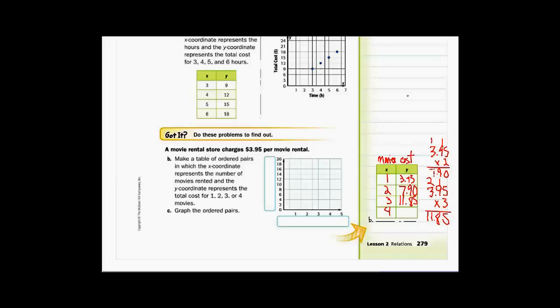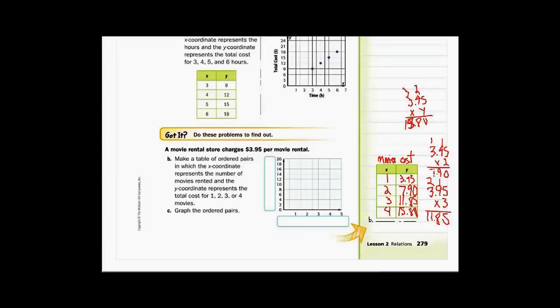And lastly 4, $3.95 times 4. No, it can't be $14.80, that's 12. Carry the 3, sorry, $15.80.